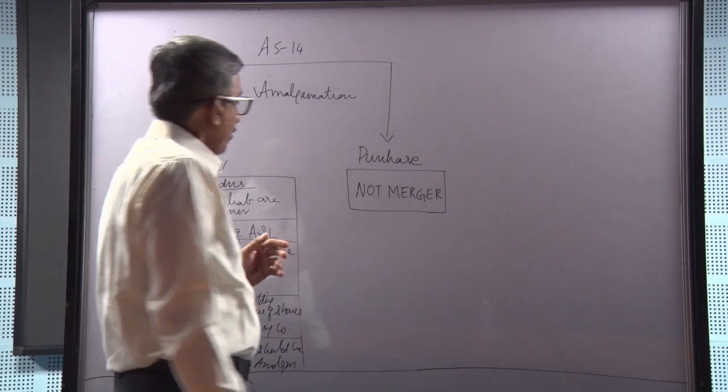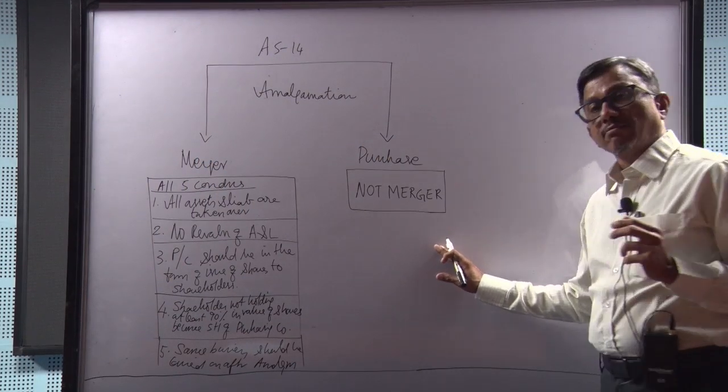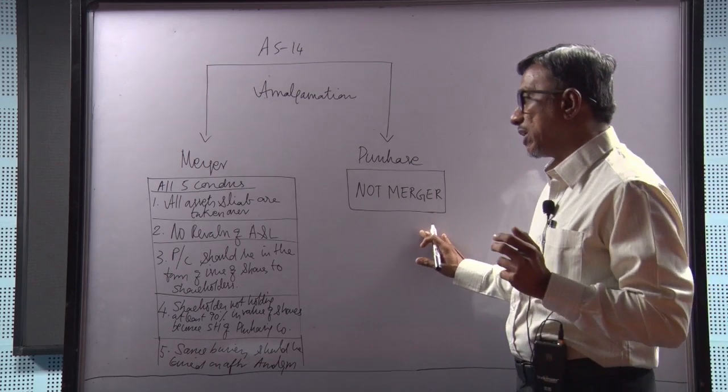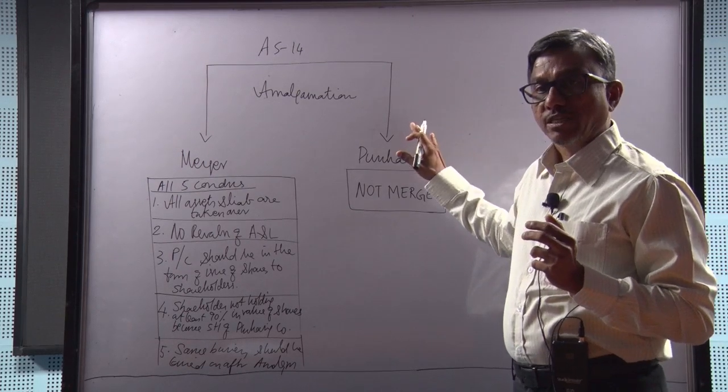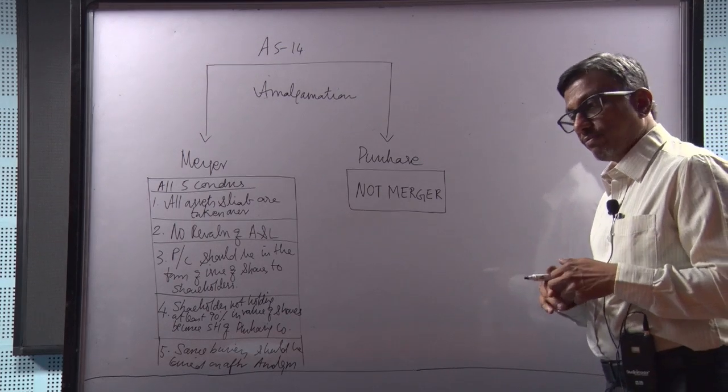That means if even one of these 5 conditions is not satisfied, it is not a merger, it becomes a purchase, amalgamation in the nature of purchase. Why should we know this?